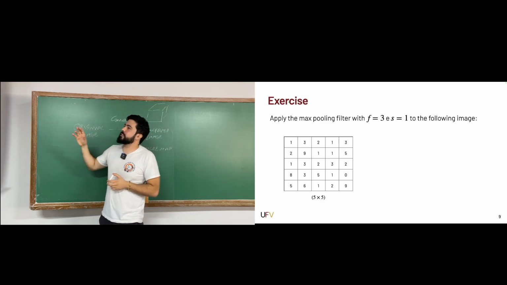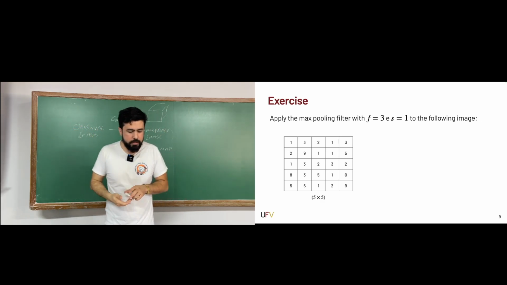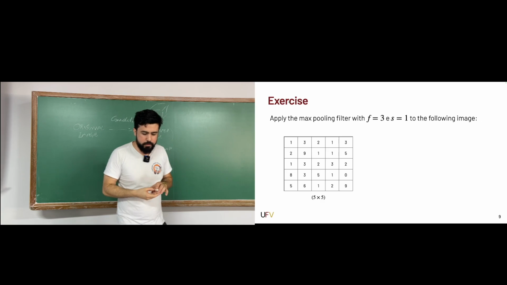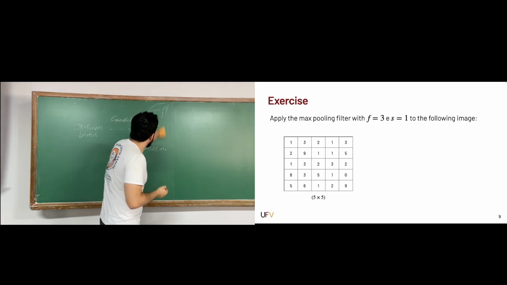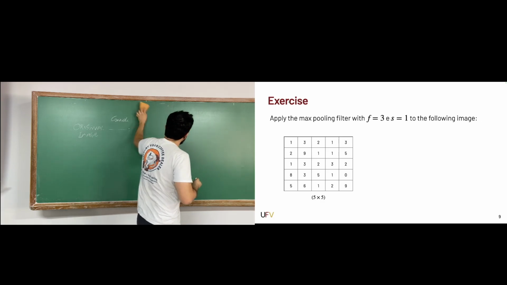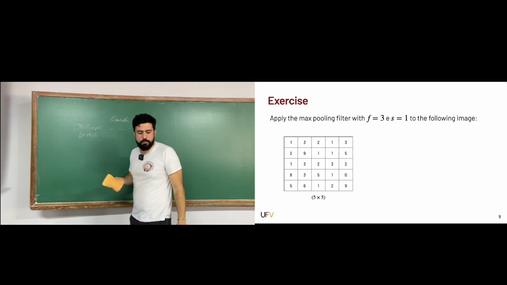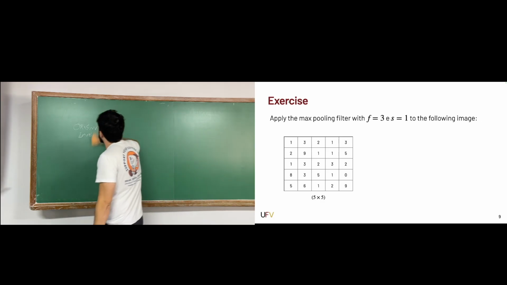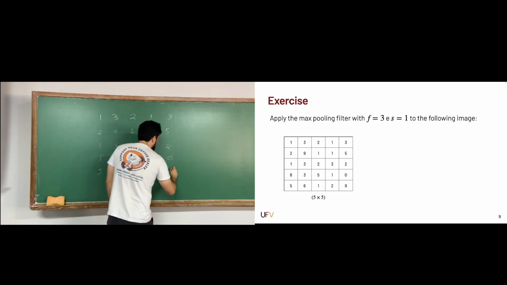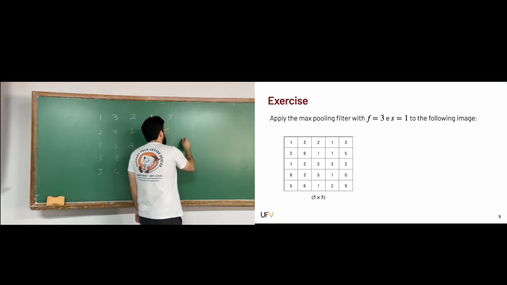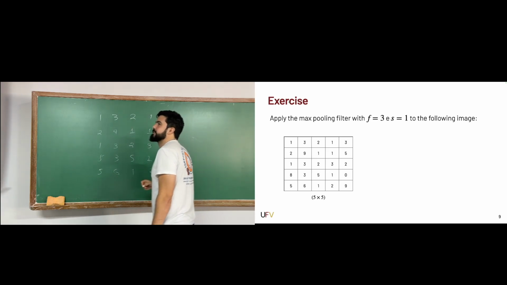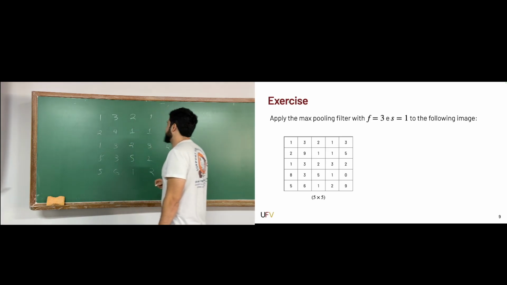Okay, so here's an exercise. Let's do this together. Let's apply a max pooling filter with f equals 3 and stride of 1. Okay, what is the result? What is the size?